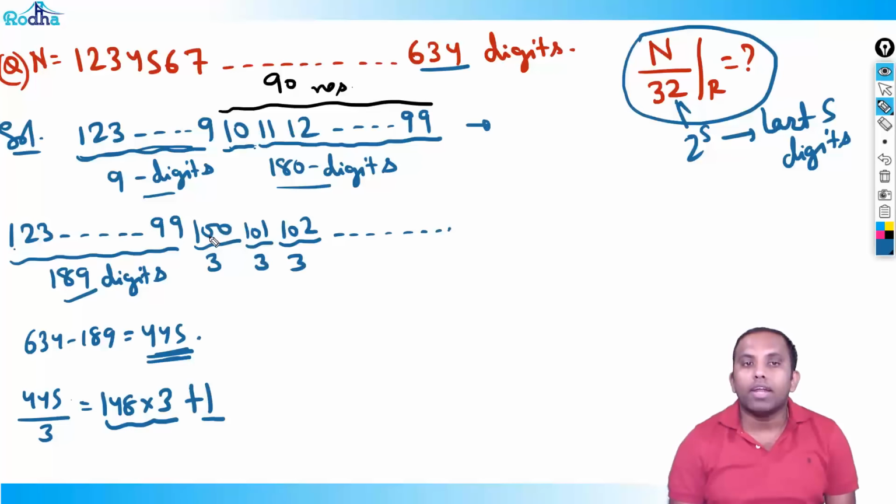That means I can write 148 numbers like this. Starting from 100, the 148th number is 99 plus 148, which is 247.